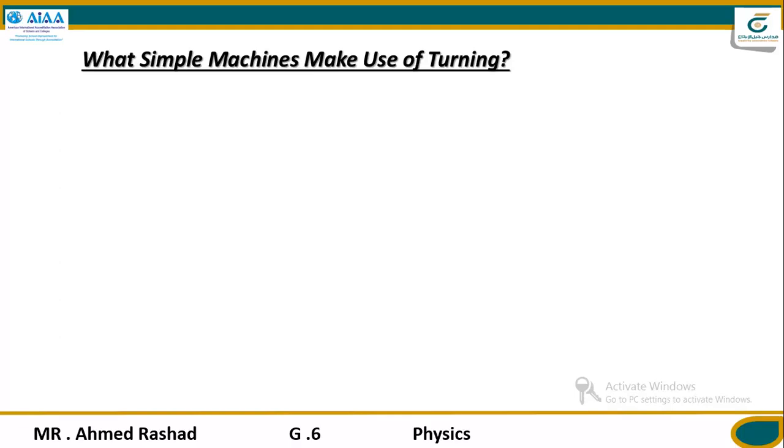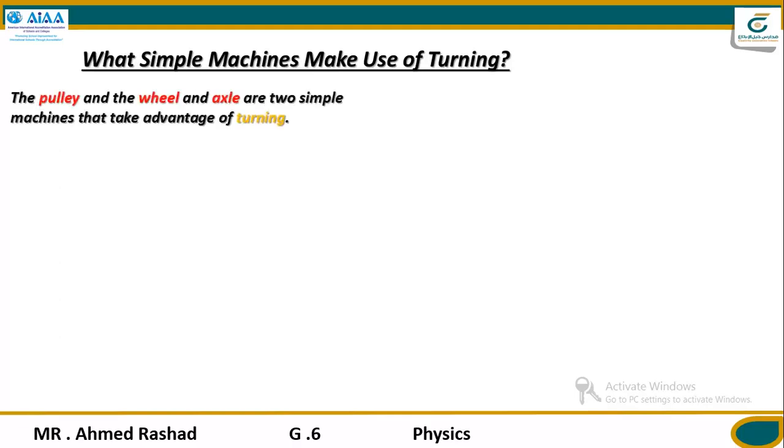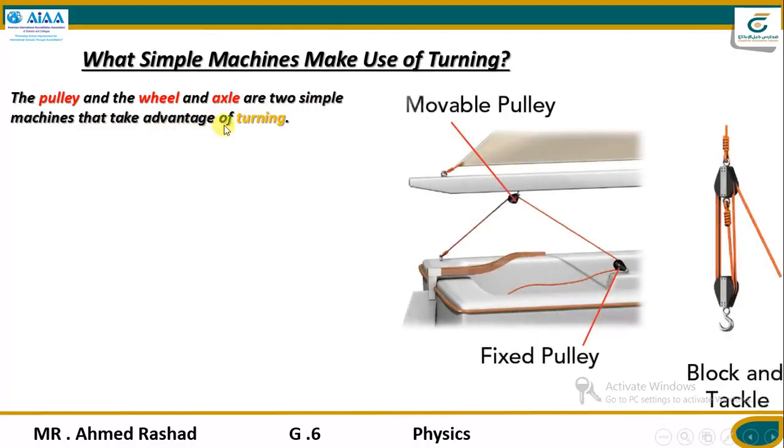In the beginning, in this question, the pulley and the wheel and axle are two examples of simple machines that take advantage of turning. Actually, what's the meaning of turning? That's talking about pulling something, or getting some objects out of water, or pulling by gravity.